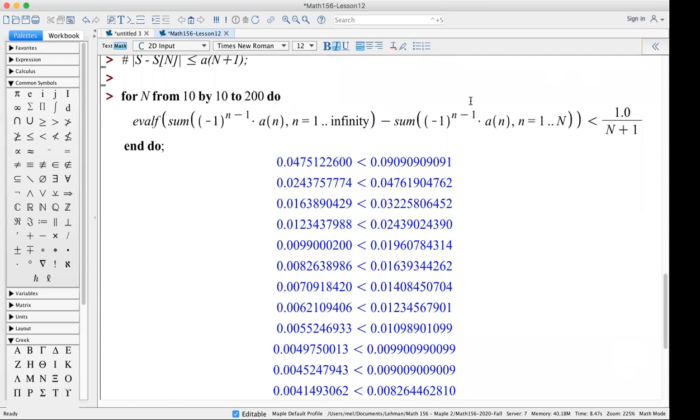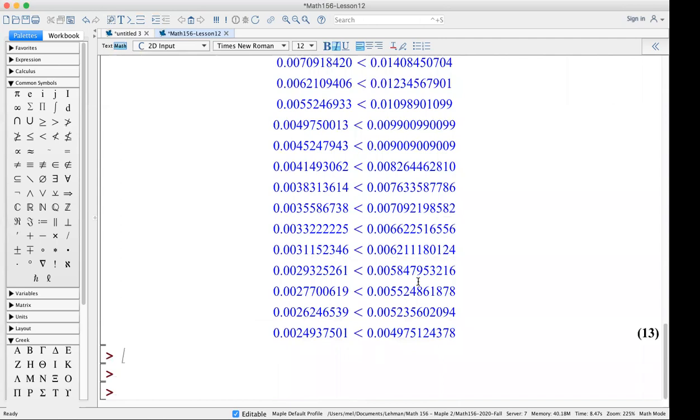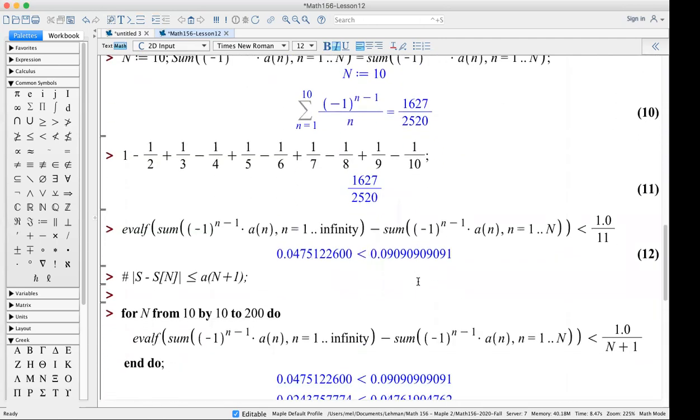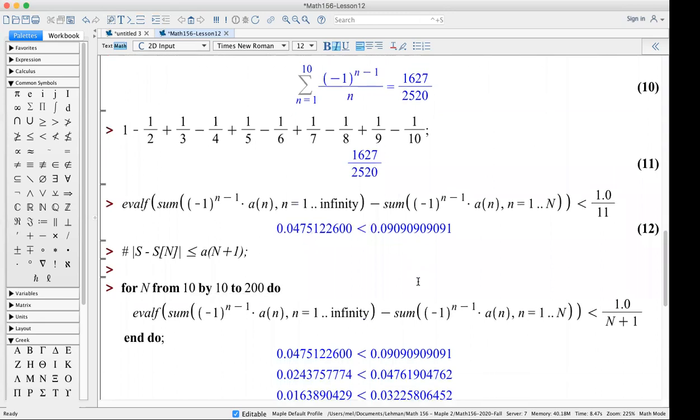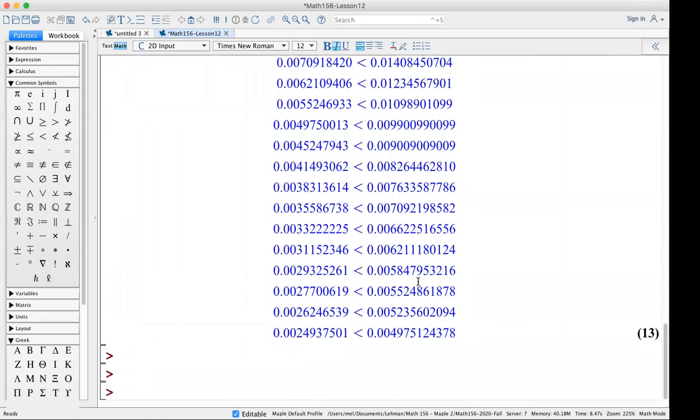So in each case, the right-hand side has to be bigger than the left-hand side. And it is. This is a kind of demonstration of the validity of this theorem in Math 176 about the alternating series. Okay.